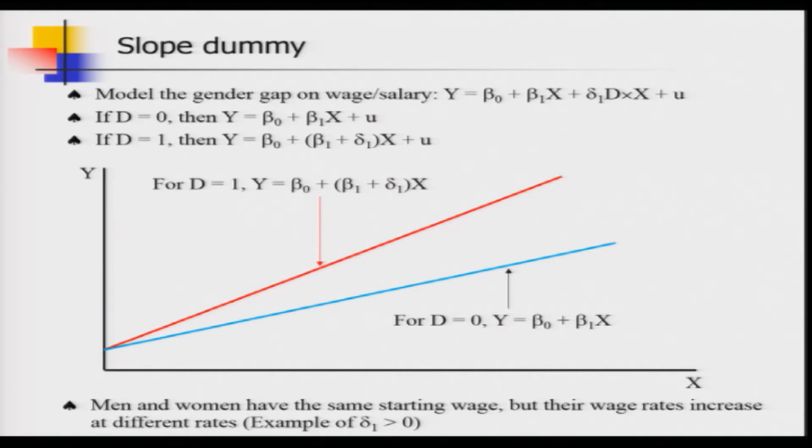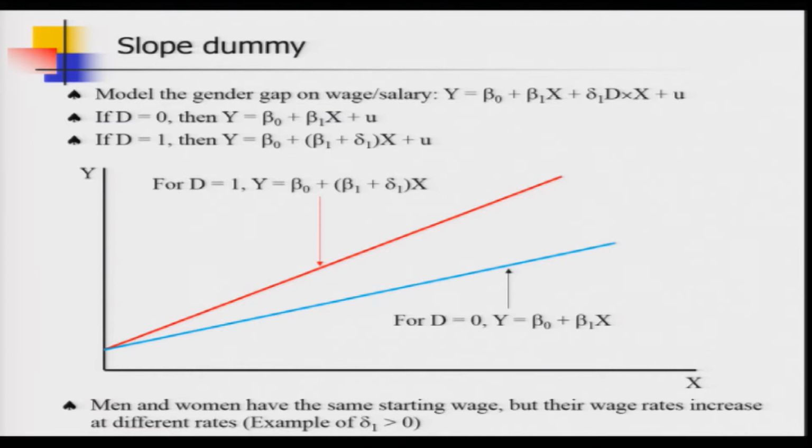As usual, we can look at the reduced form equations by placing different values of d. If d equals 0, then we get y equals beta naught plus beta 1 times x plus u, as usual. If I now plug in d equals 1, which means we are talking about the male group, we get a reduced equation with the same intercept term beta naught, but a different slope coefficient, beta 1 plus delta 1.